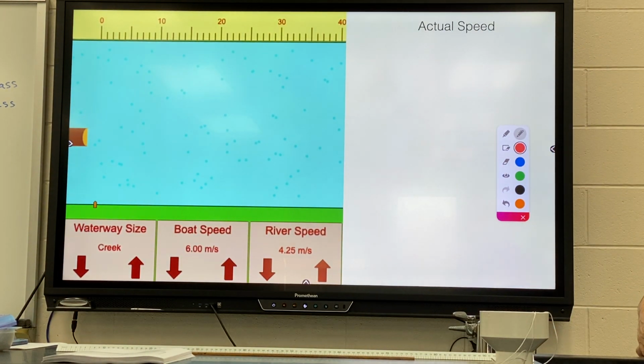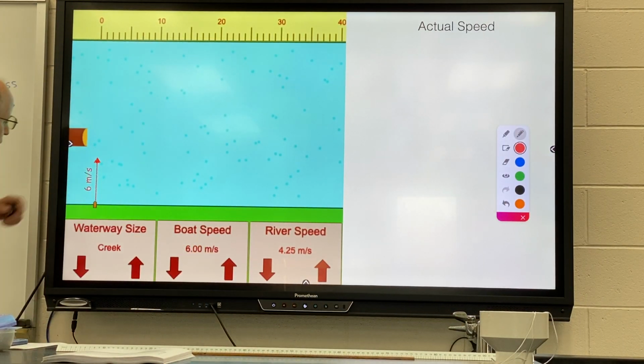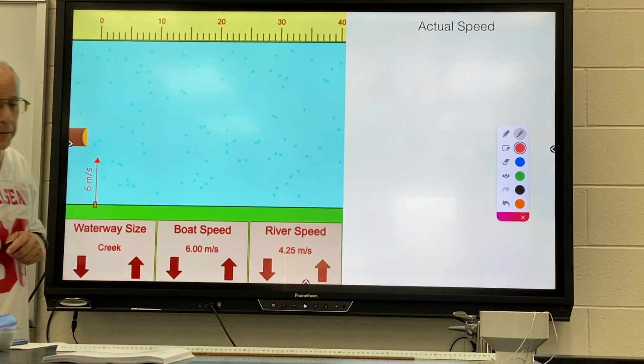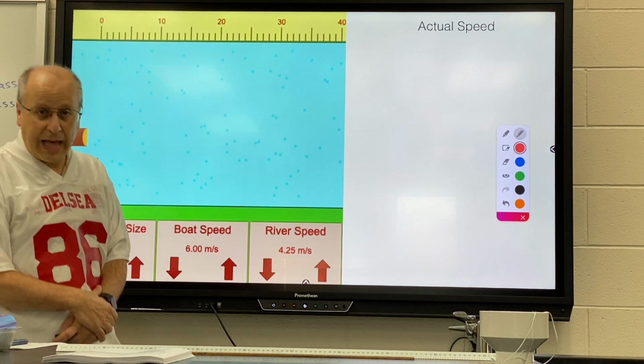Okay, we can do the same thing with speed. So if we have the boat going 6 meters per second and the river going 4.25 meters per second, we can create a triangle out of speeds. Remember, when we give it direction, we call this now velocity.